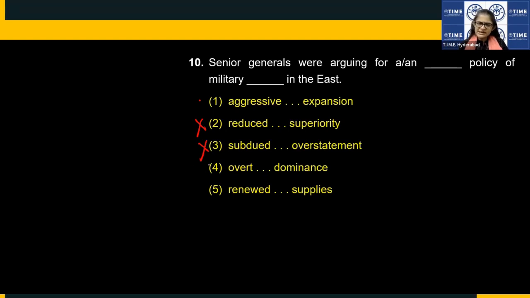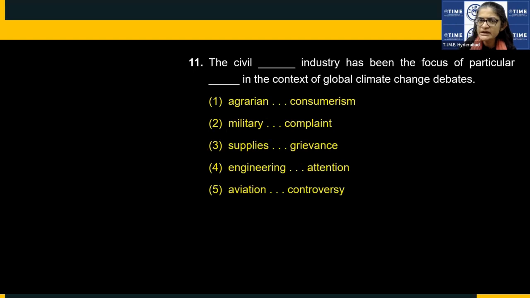That also doesn't make sense, and overt does not agree with this context. Okay. A renewed policy of military supplies in the East. Renewed policy and military supplies, neither of these make sense. Option 1 is our answer. Okay. I hope you're getting how we are choosing the answers for all these questions.